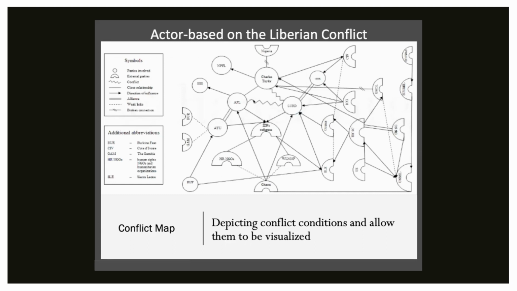The wave legend means the hostility between the EFL and LERT, right? And then the dotted line means the gray relationship between the parties, and then also the alliances, the tactical alliance and the strategic alliance.